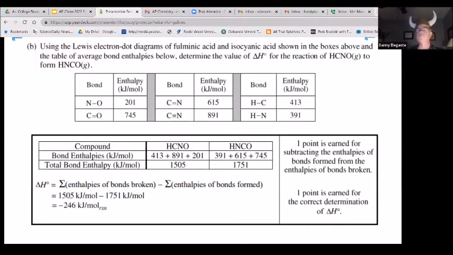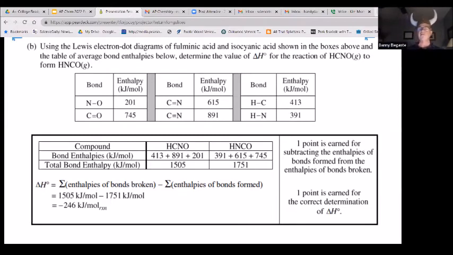All right, this is part B. This is that bond energy thing. So those of you who found bond energy, bonds broken minus bonds formed, then you get an answer of -246 kilojoules per mole. You get 1 point for saying bonds broken minus bonds formed, and 1 point for the correct answer.